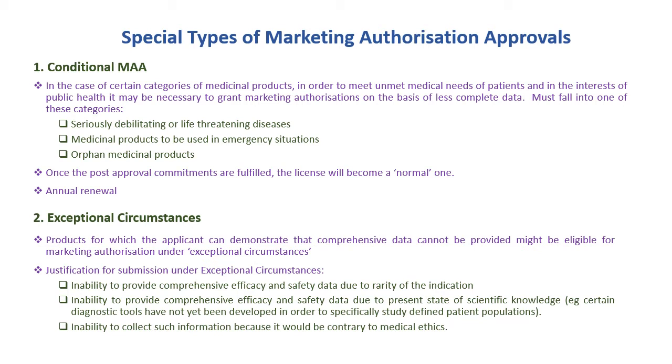For example, certain diagnostic tools have not yet been developed in order to specifically study the defined patient populations, or inability to collect such information because it would be contrary to medical ethics. So in those cases, it's an exceptional case. The COVID case, as I said, would be a conditional case. It's an emergency case. So in those kinds of situations, you have special types of marketing authorizations.